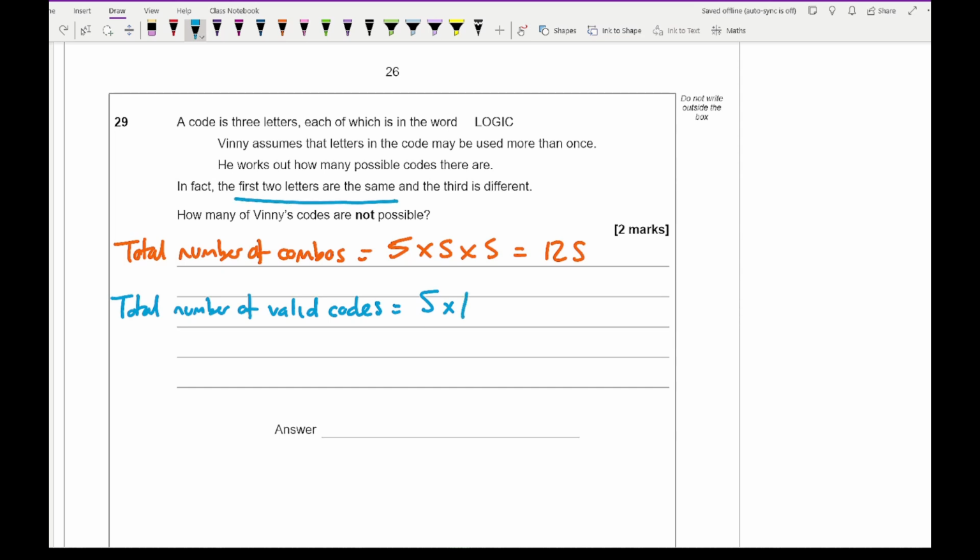So then we've only got 1 choice, because that's going to be the same as the first choice. And then out of the choices that are left, we've got 4 letters left. So if I do 5 times 1 times 4, that gives me a total of 20. And then not valid is going to be these 2 numbers subtracted, and that's going to give me an answer of 105. And there we go.